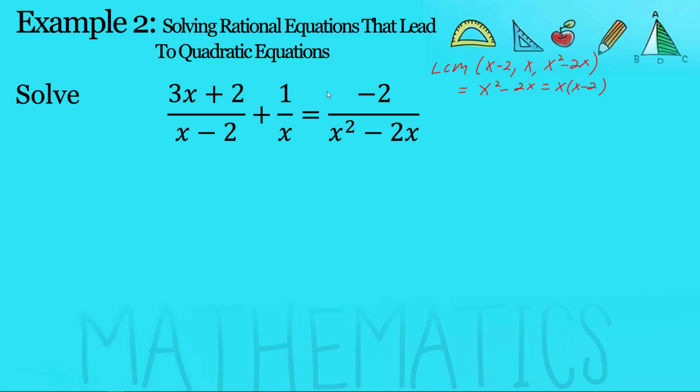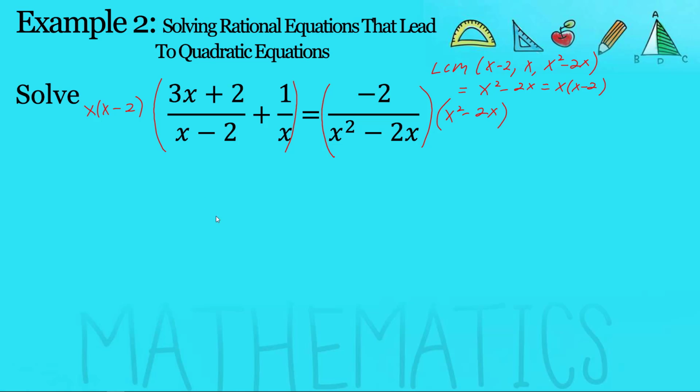So I'm going to multiply this side by x squared minus 2x. Then on this side, instead of using this, I'm going to use this formulation right here, because it's the same. We just say this is the factored version. So I'm going to multiply this side by the quantity x times x minus 2.